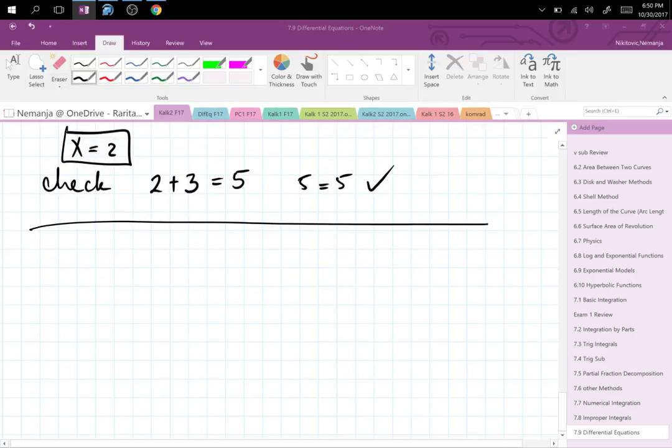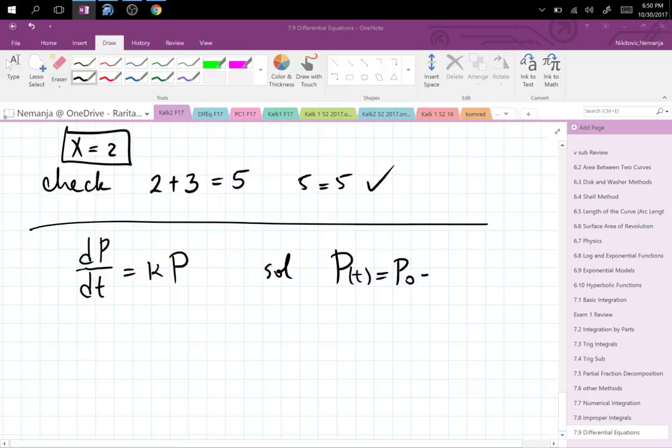So we had the differential equation dP/dt is equal to kP. That was the differential equation, and my solution was P(t), which is just P, is P0 e to the kt.